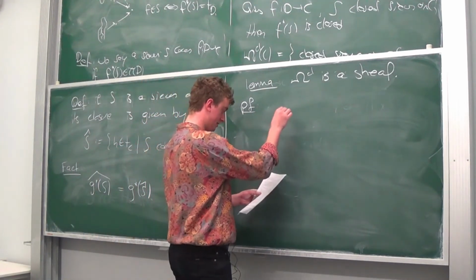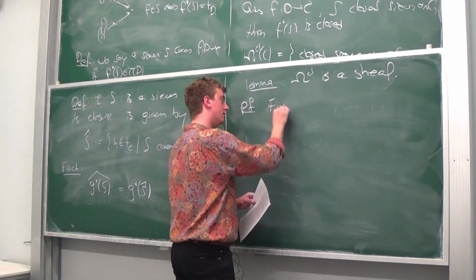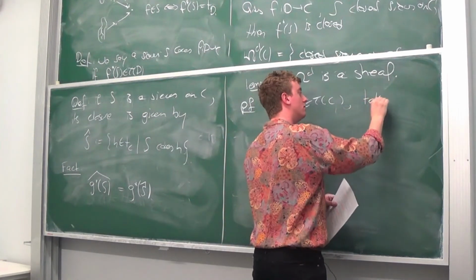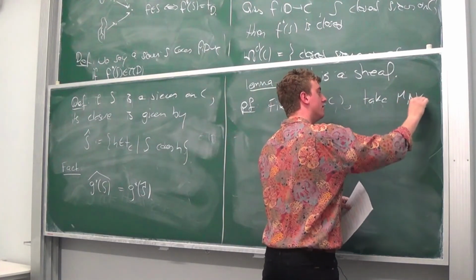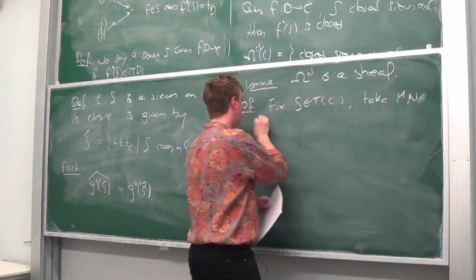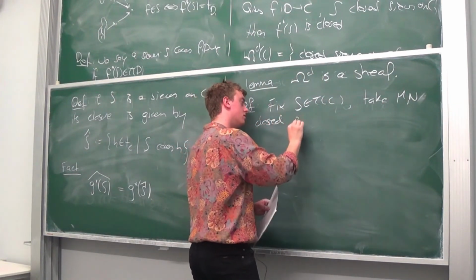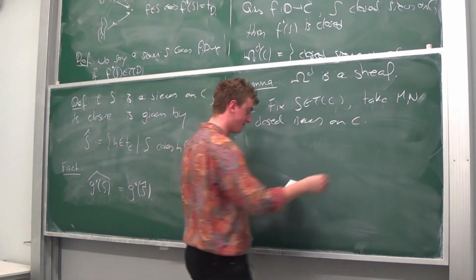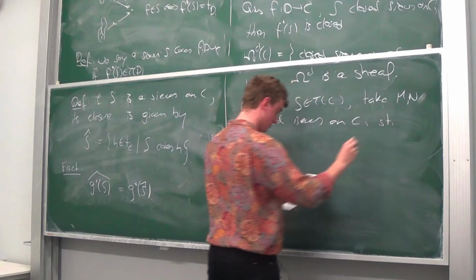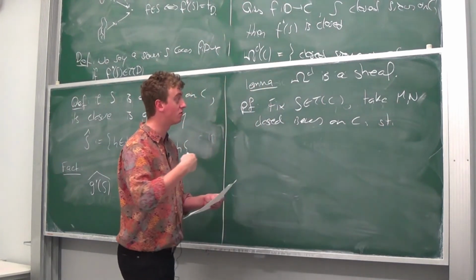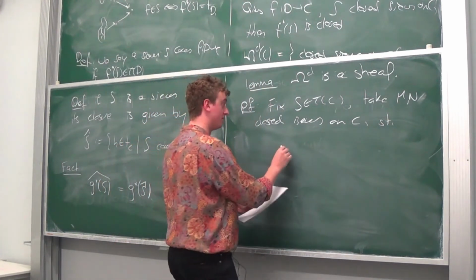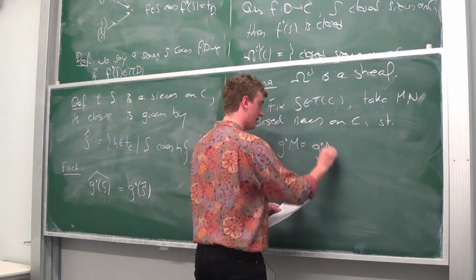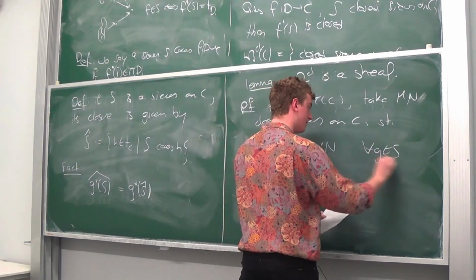So fix the covering sieve S on C, and take, say, M and N closed sieves on C. And we want them to be equal in all restrictions over S. So in other words, such that g star of M is equal to g star of N for all g in S.